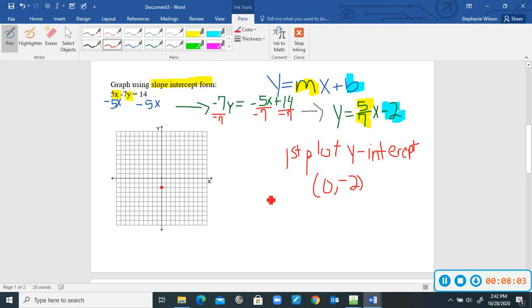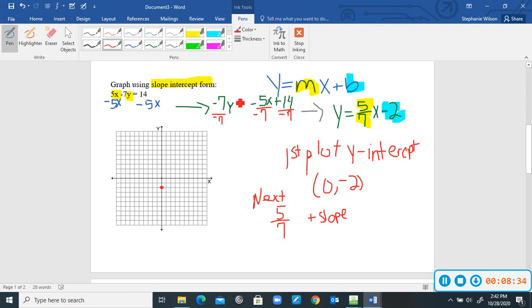The next thing you want to do is plot the slope from the y-intercept. So wherever the y-intercept is, that's where we're going to plot the slope from. If you notice that my slope is positive, that means this line is going to go up, right?